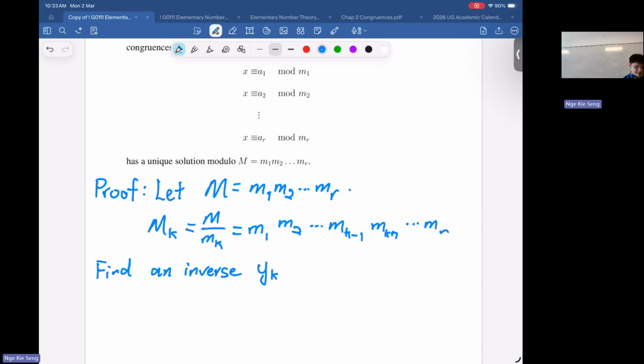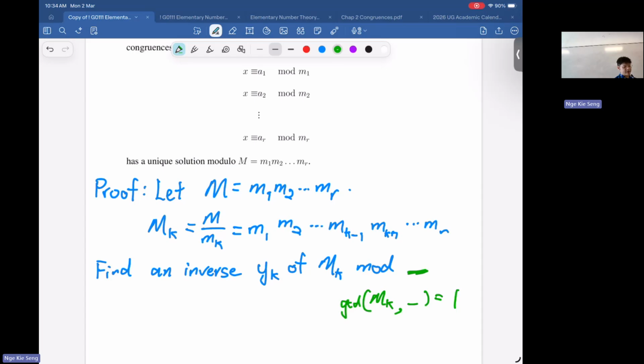Let's call it yk of Mk. Maybe I ask you a question: this inverse of Mk can exist mod what? You need to make sure that the GCD of Mk with this number is 1.